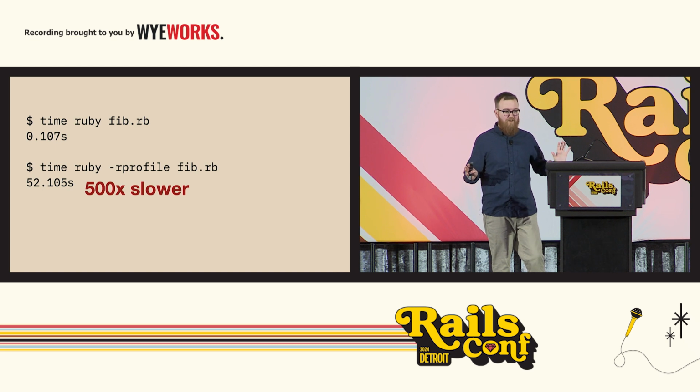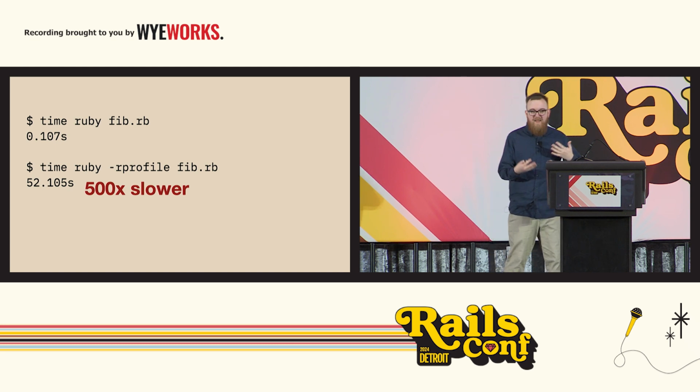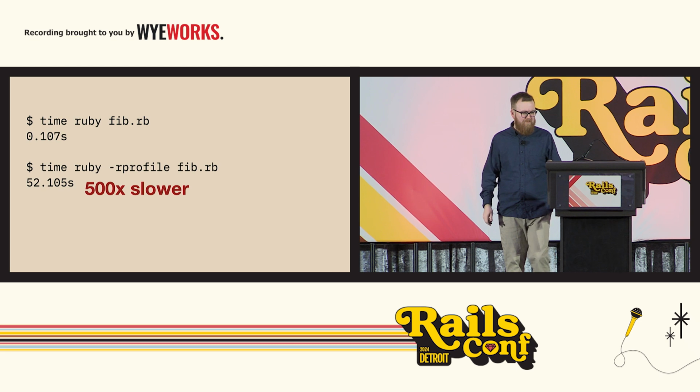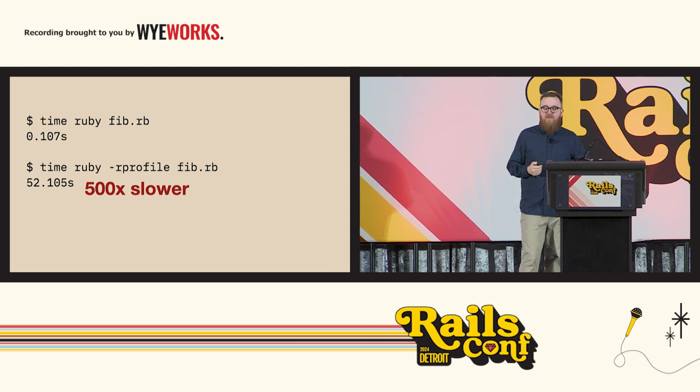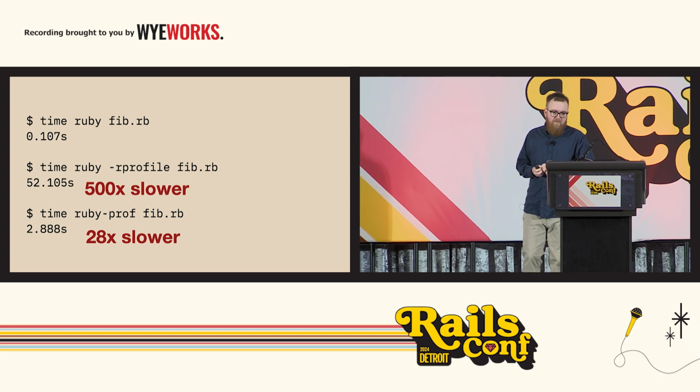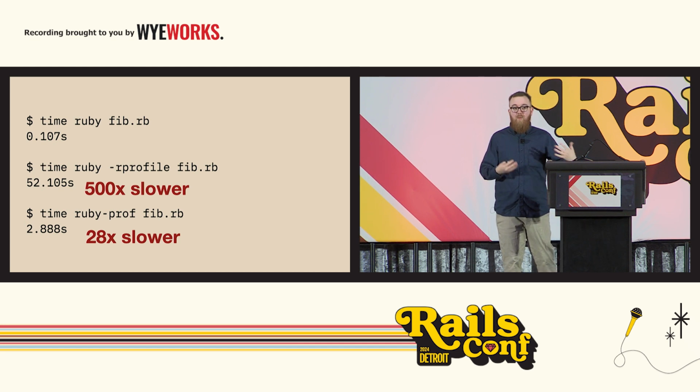So way, way slower. And maybe that makes sense. Like, if for every line of Ruby we have to run several more lines of Ruby in order to instrument that, that's going to add up. But even if we use something written in C, this is the same way RubyProf works, even that's 30 times slower. And there's a couple big problems with that.